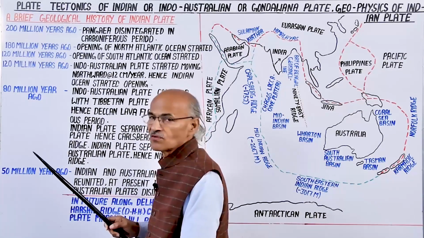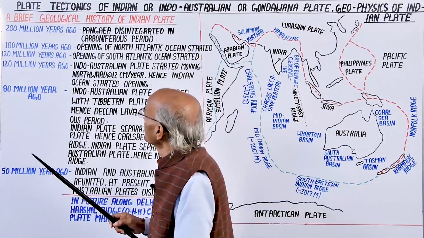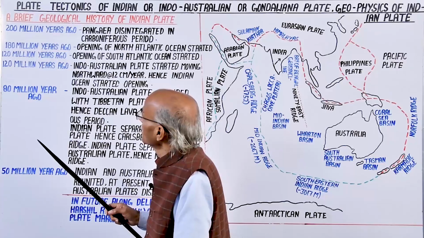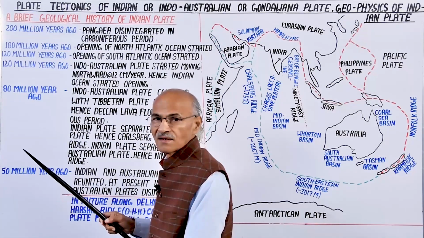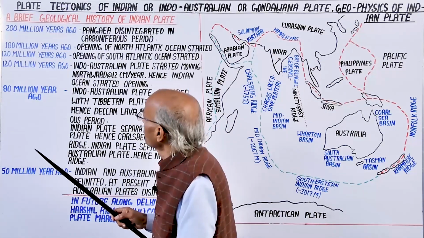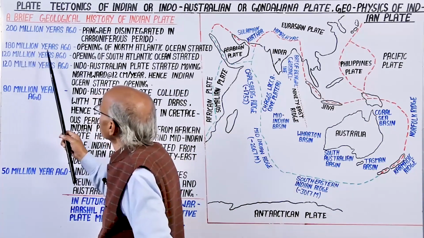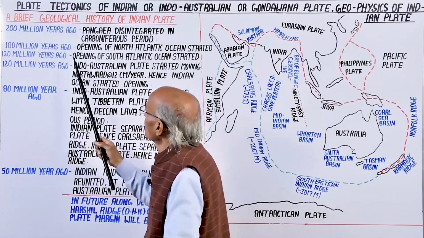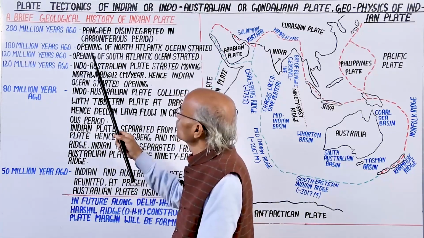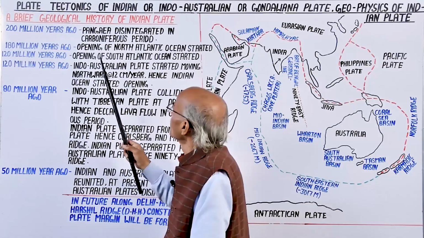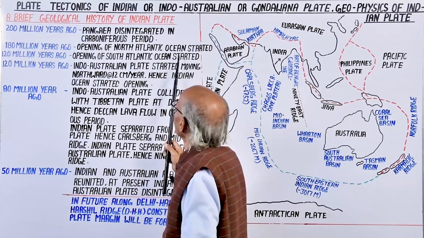Those continue working, and first those worked in the north land, that is Angara land. Angara land, before 180 million years ago, was broken in two parts: number 1, North America, and number 2, Europe.